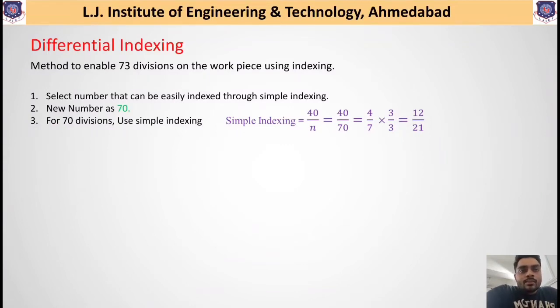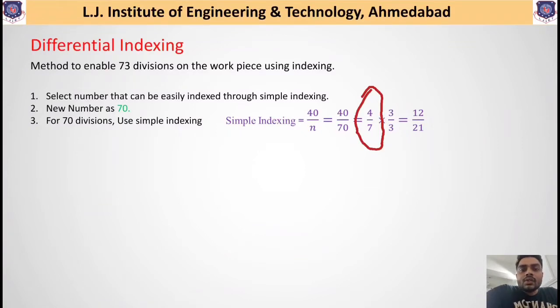Here the number of divisions required is 70, so it is 40 divided by 70, and if you solve this you will get 4 divided by 7. The interpretation of 4 divided by 7 is that the crank pin needs to be rotated through 4 holes on a 7 holes indexing plate.